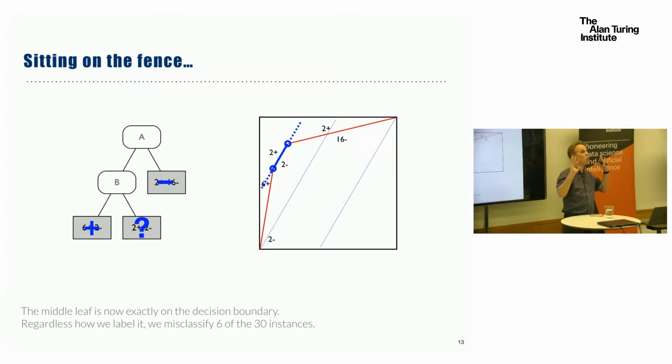That's not like, I don't know anything about this coin. You don't know anything about the outcome of tossing the coin, yeah? You have perfect no knowledge about the outcome, but you have very good knowledge about the coin. So being on the decision boundary, being able to reliably predict 0.5, is a really good thing.